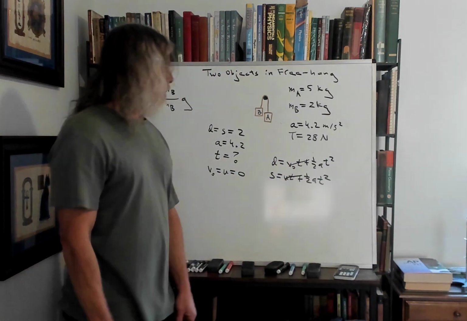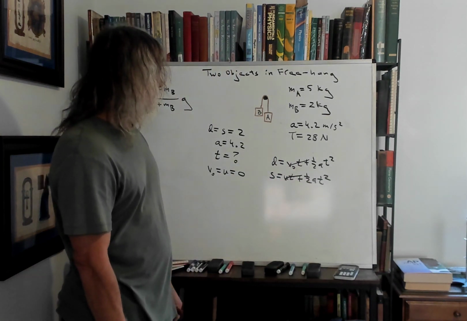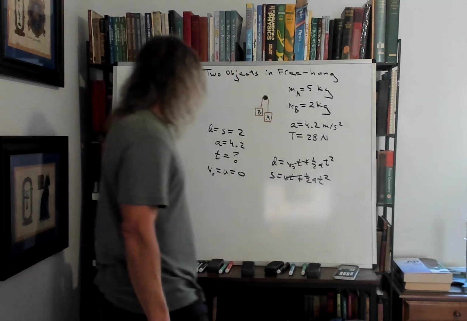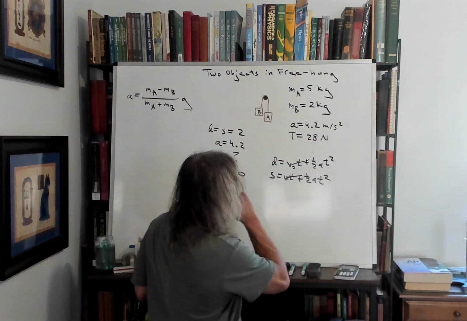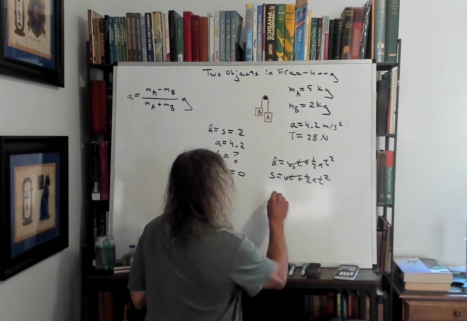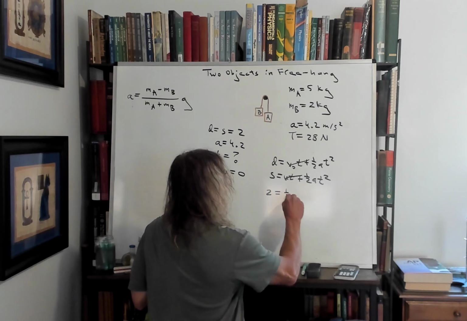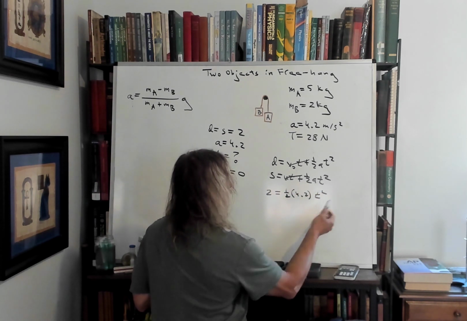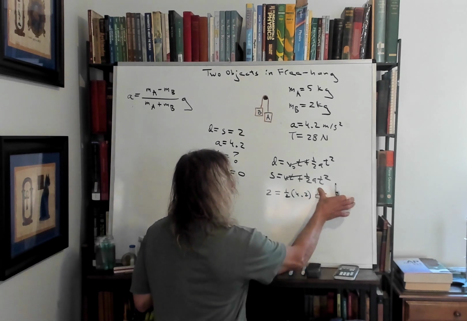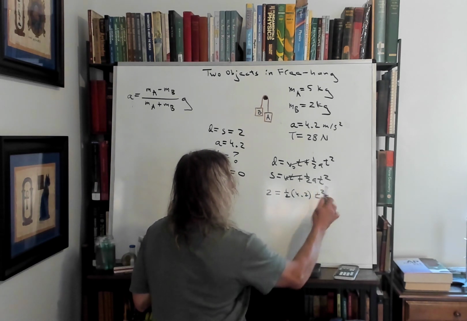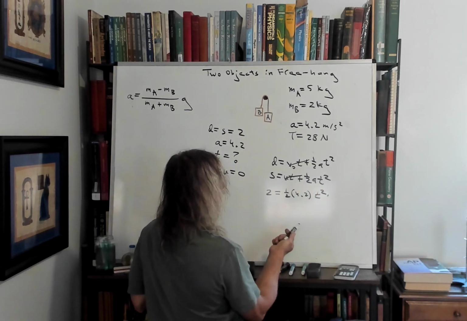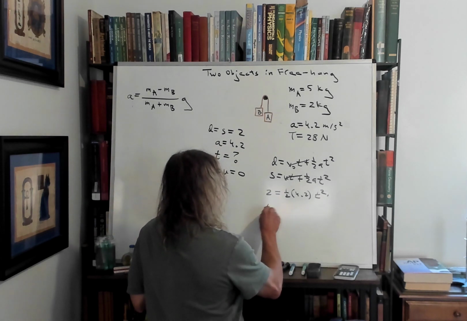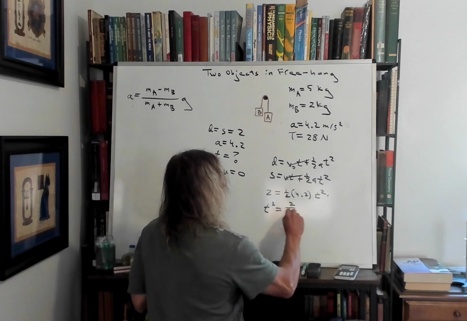So we just have D is 1/2 AT squared, or S is 1/2 AT squared. Then put our stuff in. 2 is 1/2 times 4.2 T squared. Half of that is 2.1. So T squared is 2 over 2.1.